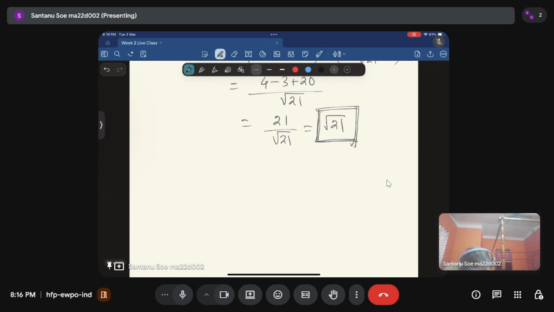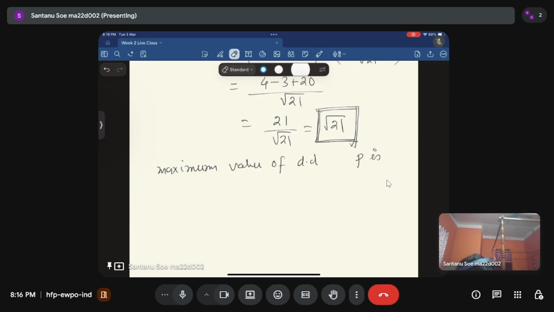Okay. Now the maximum value of directional derivative at P is the norm of gradient of f at P, correct?